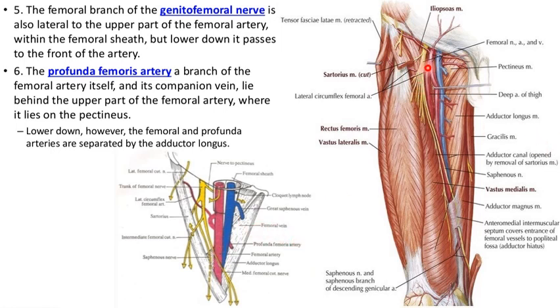So this is the profunda femoris artery, the largest branch of the femoral artery. Clinically, surgeons name the profunda femoris artery as the deep femoral artery and the femoral artery as the superficial femoral artery, and proximal to the profunda femoris artery, the proximal part of the femoral artery is called the common femoral artery.